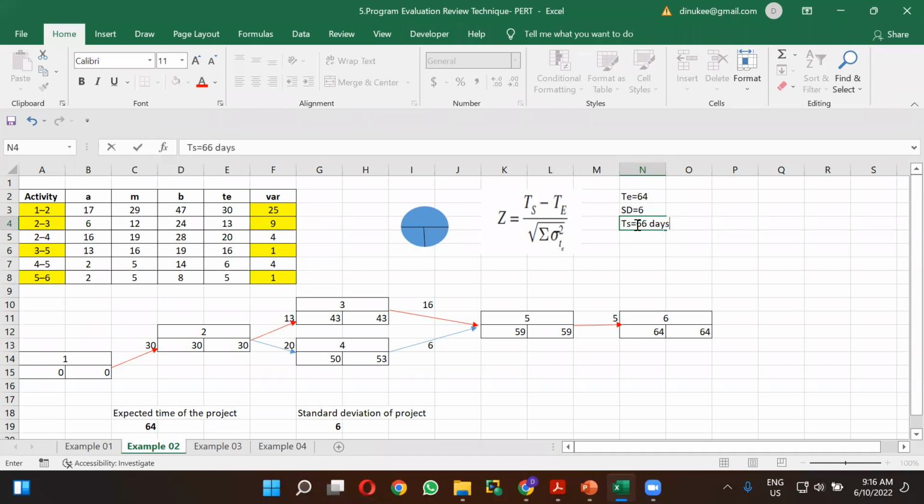We are scheduling to complete this project in 66 days, but the critical path duration is 64 days.